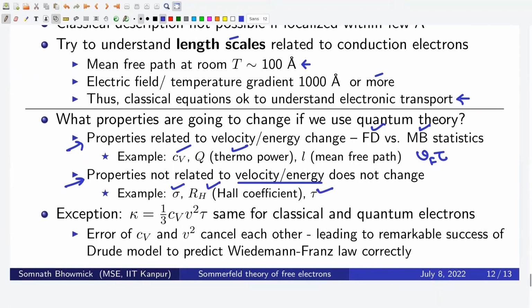And of course, the relaxation time is not going to change, and so on. Not going to change in the sense that these properties do not depend on whether we use the classical model or quantum model. And these other properties will depend on whether we use the classical model or quantum model.